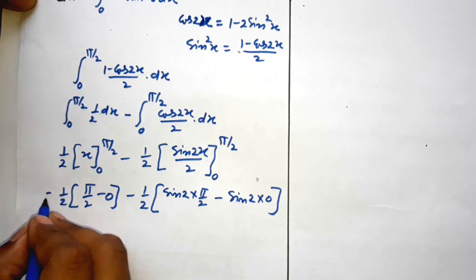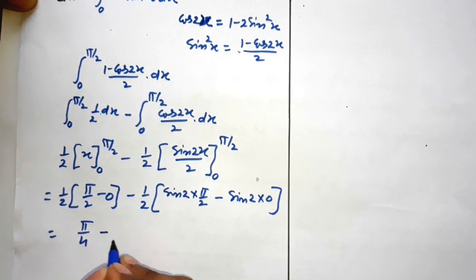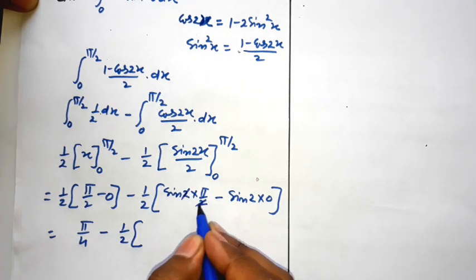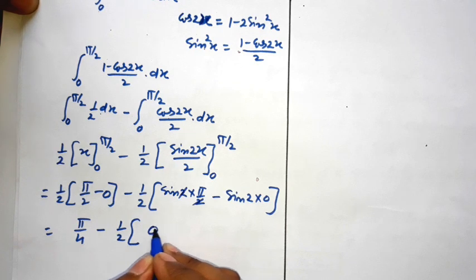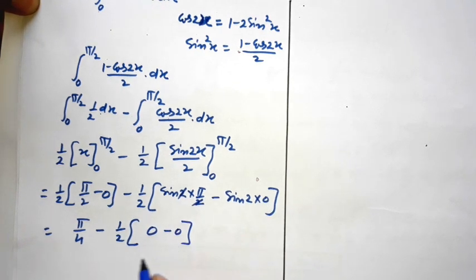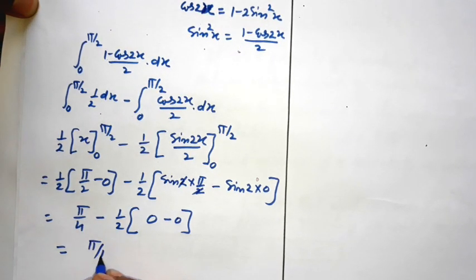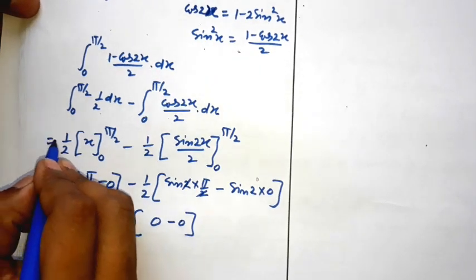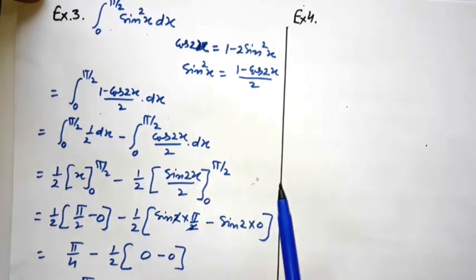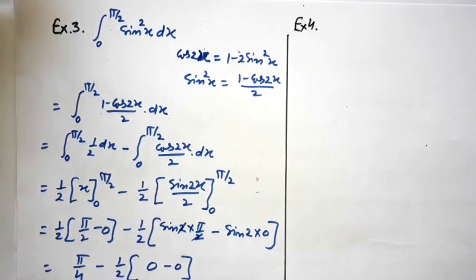Now this will be pi by 4 minus 1 by 2, this will be sin pi and the value of sin pi is 0, minus this will be 0 and the value of sin 0 is 0. Then the final answer of this question will be pi by 4. So the integration of 0 to pi by 2 sin square x dx will be pi by 4.